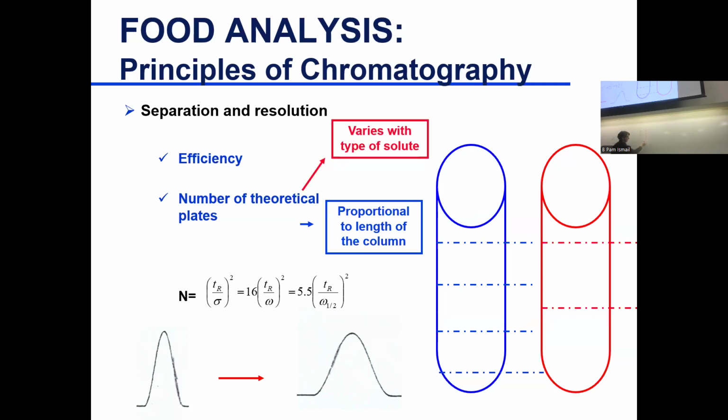So the stationary phase in the column is theoretically divided into sections. And N is the number of sections. So here I have 1, 2, 3, 4, 5 imaginary sections.